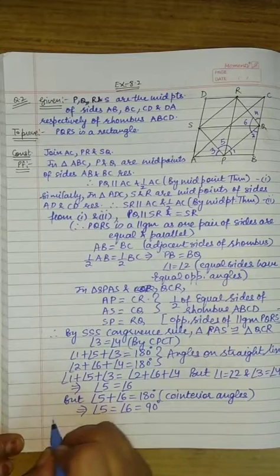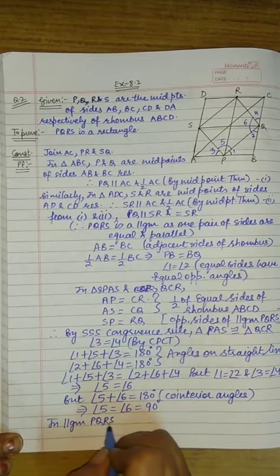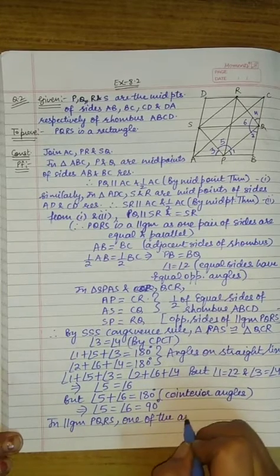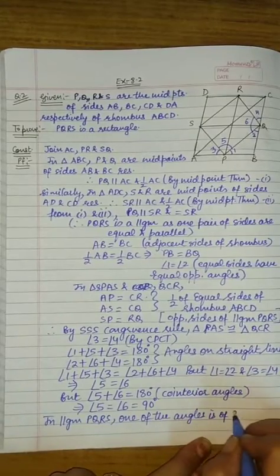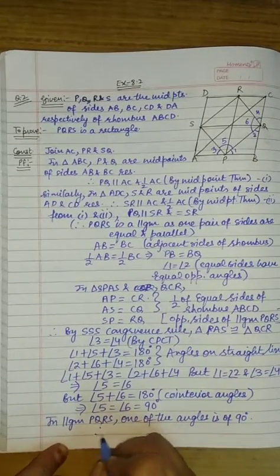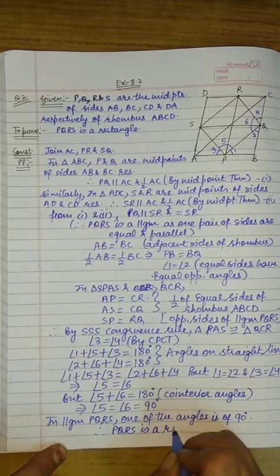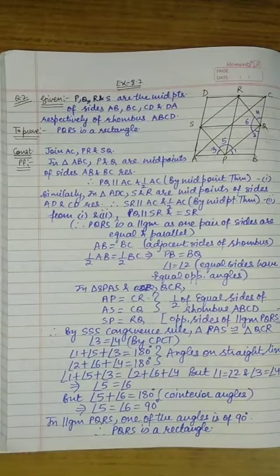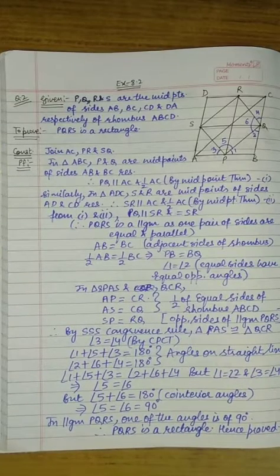So in parallelogram PQRS, one of the angles is 90 degrees. Therefore, PQRS is a rectangle. Hence proved that PQRS is a rectangle.